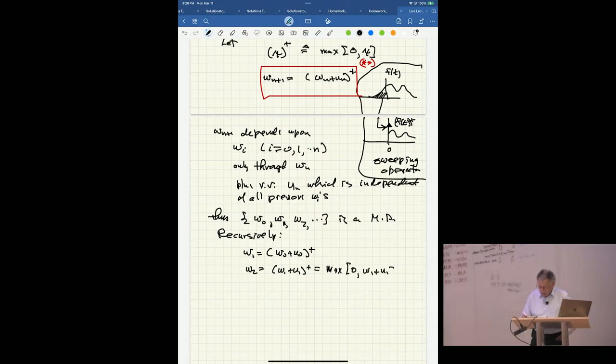That's the definition, which equals the max of 0, and what's W1? W1 is the max of 0 and W0 plus U0. So let's write down U1. That's a possible max. Or the max of 0 and W0 plus U0.